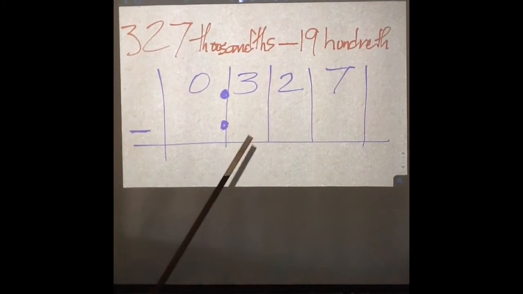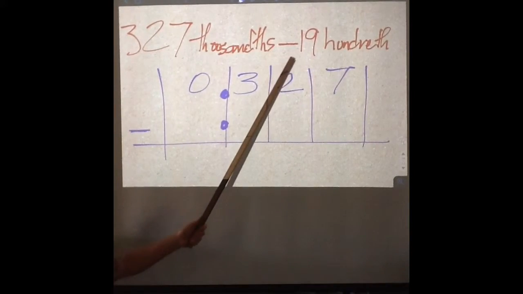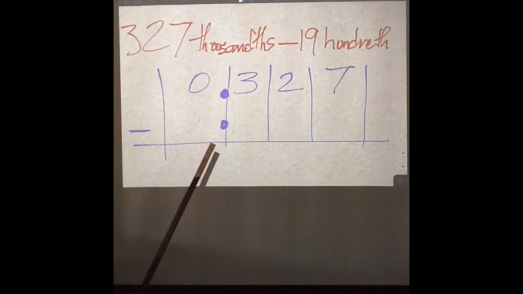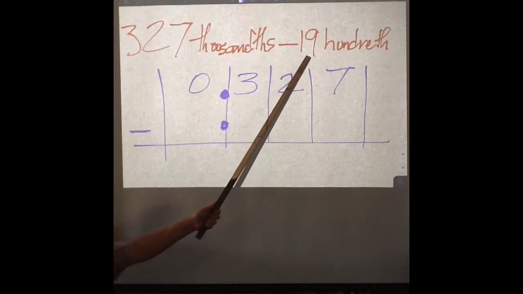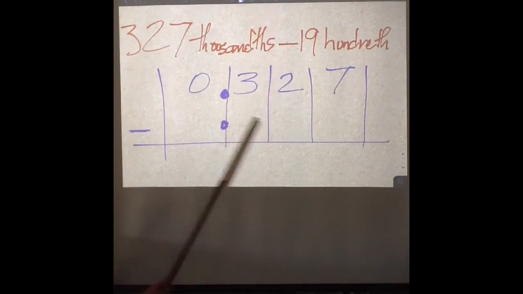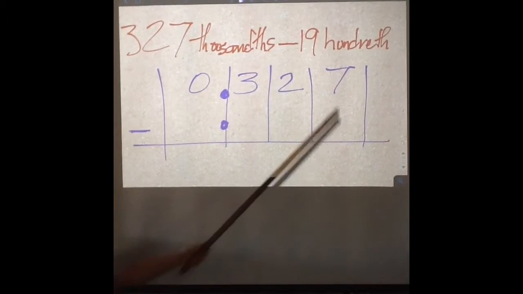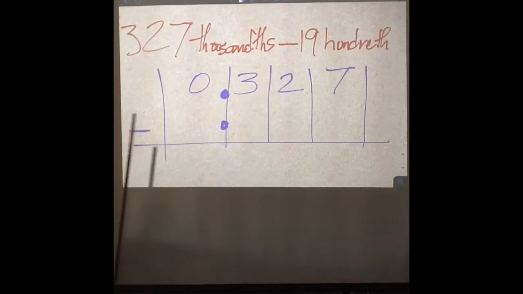Now, where do I put the 19? This says 19 hundredths. Where does the 9 go? The hundredths place, because that's why we have that name.